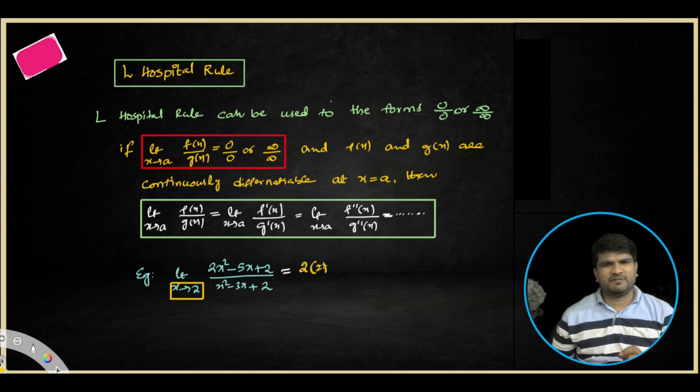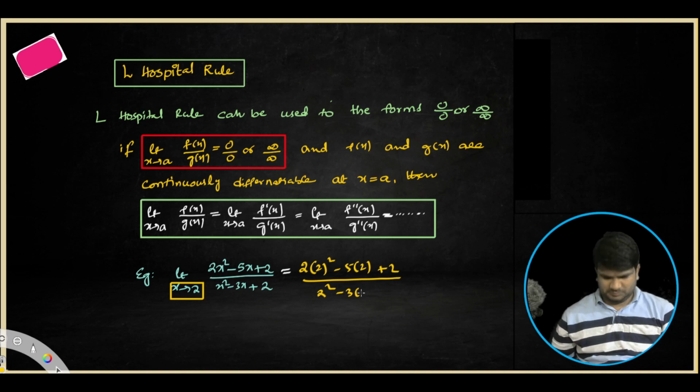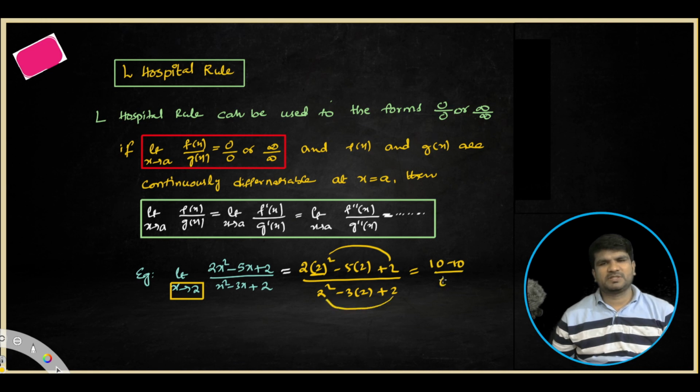So 2 times of 2 square minus 5 times of 2 plus 2, whole divided by 2 square minus 3 times of 2 plus 2. So 2 square is 4, 4 2s are 8, 8 plus 2 is 10, minus 5 2s are 10; divided by 2 square 4, 4 plus 2 is 6, 3 2s are 6. So this is 0 by 0. If you put x equals 2 directly in the given function, you are getting 0 by 0.